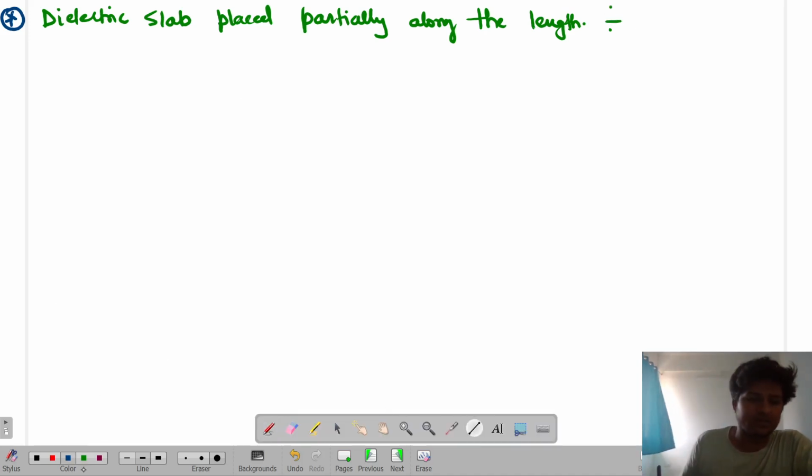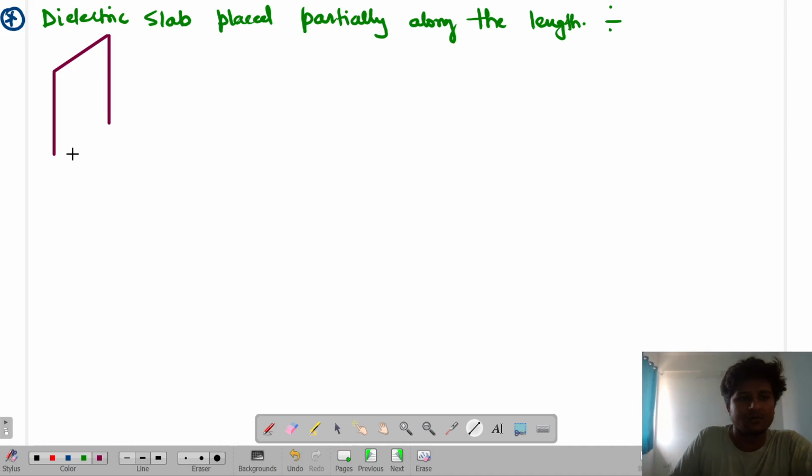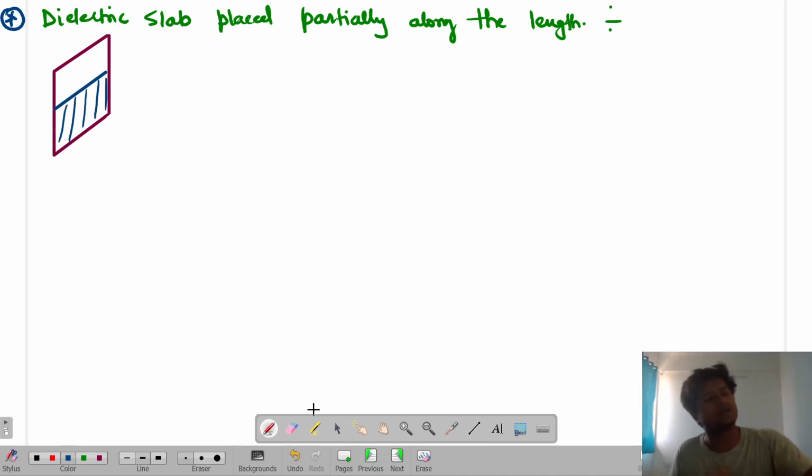That means that if this is my plate, then I am dividing on the basis of length. Like I will divide it this way. Got it or not? So this kind of arrangement is called a dielectric slab which is partially filled with respect to length.